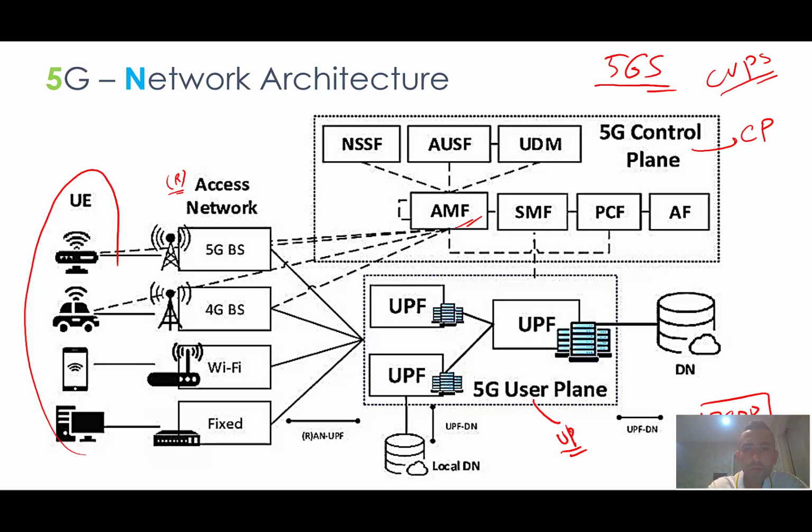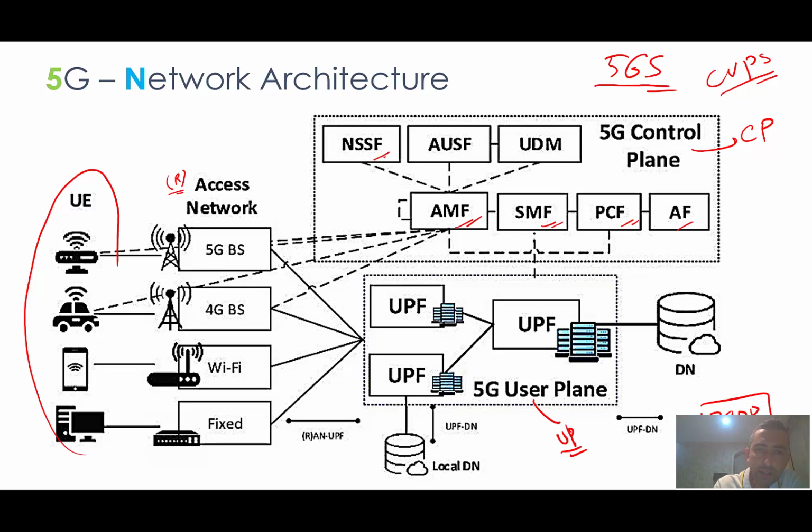In the PS and EPC we have MME, but here we have AMF, and also in the next generations there should be an entity, because the name mobile network shows that there should be some element for managing the mobility. And this is the session management function, policy control function, and application function.